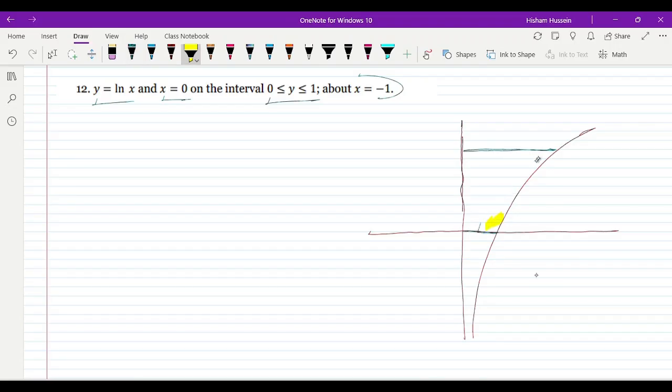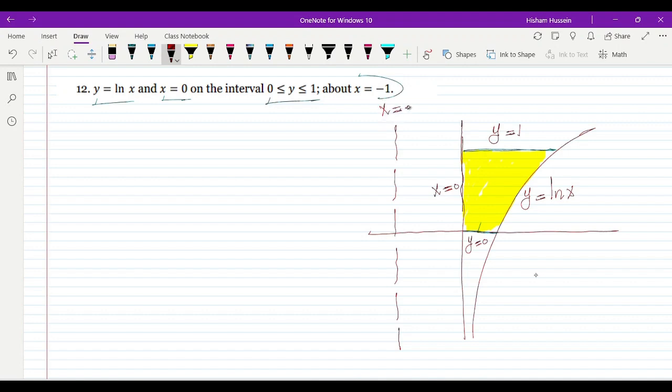This is the requested area to rotate: y equals 1, y is 0, y is ln x, and x equals 0. Okay, the axis of rotation, the axis where the area will rotate about, is x equals negative 1.